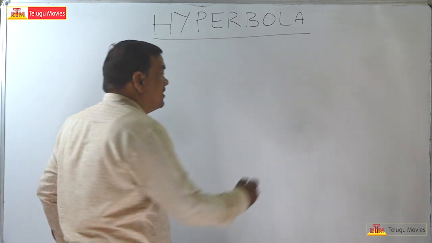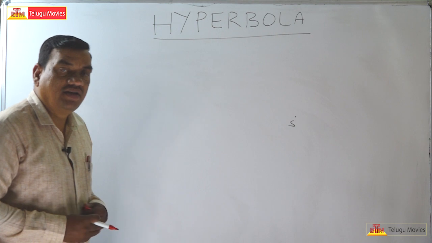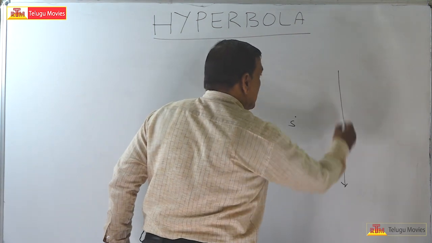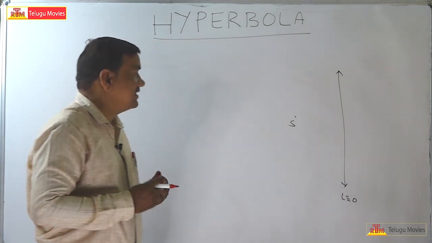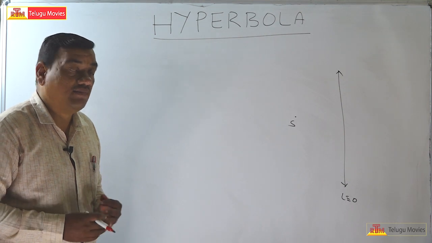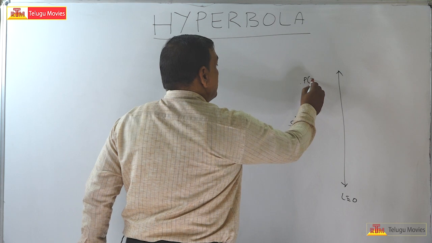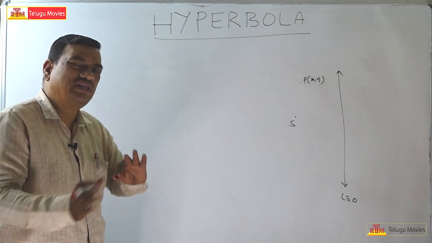Let S be a fixed point in a plane, and L = 0 a fixed line in the same plane. Let P(x, y) be a variable point, meaning it moves this side, that side.